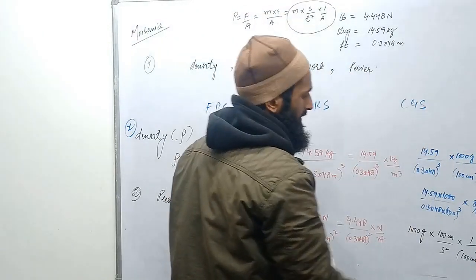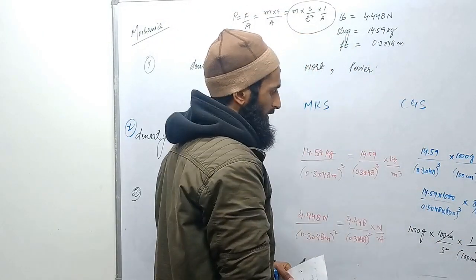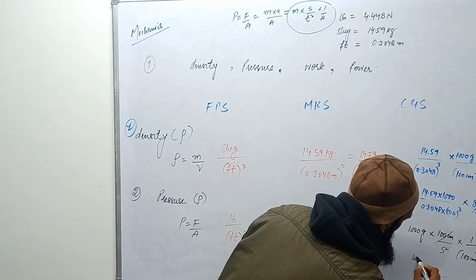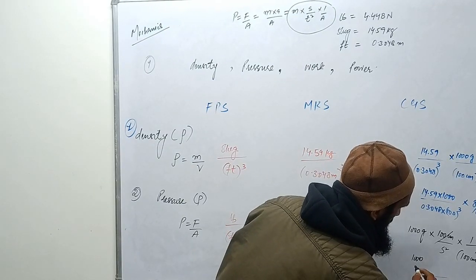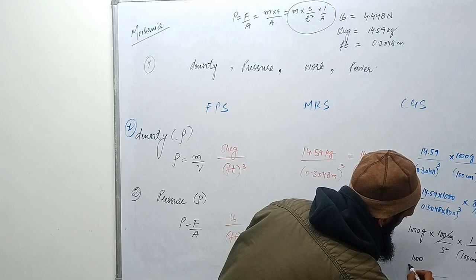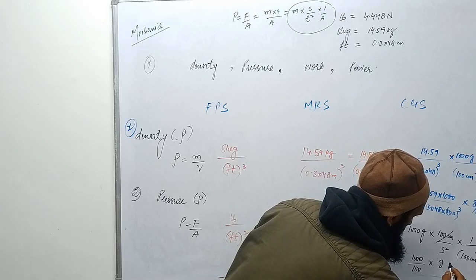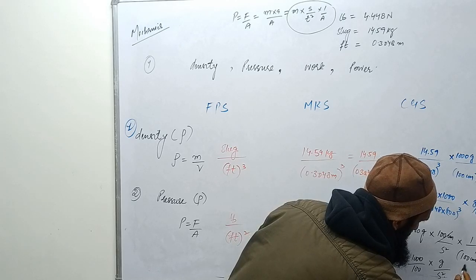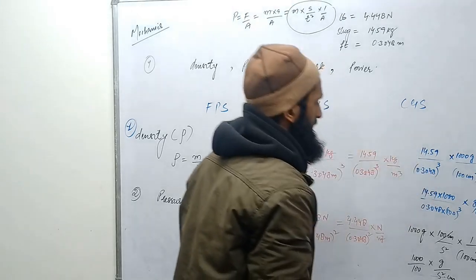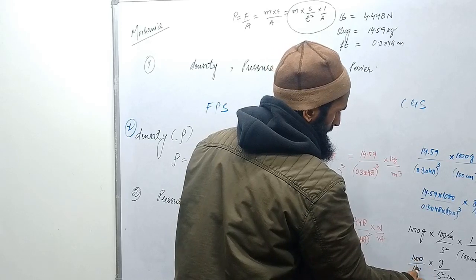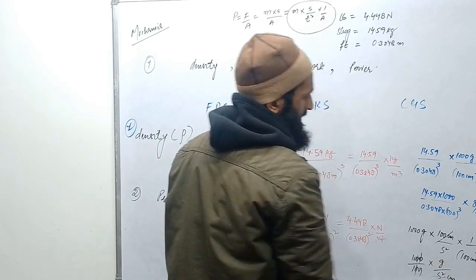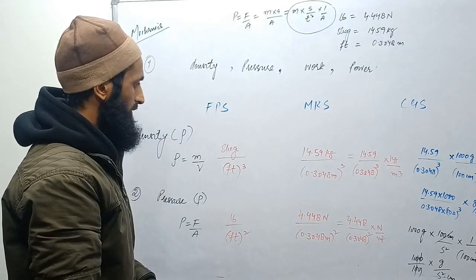So we will get 1000 divided by 100 gram per second square centimeter, which gives 10 gram per second square centimeter.